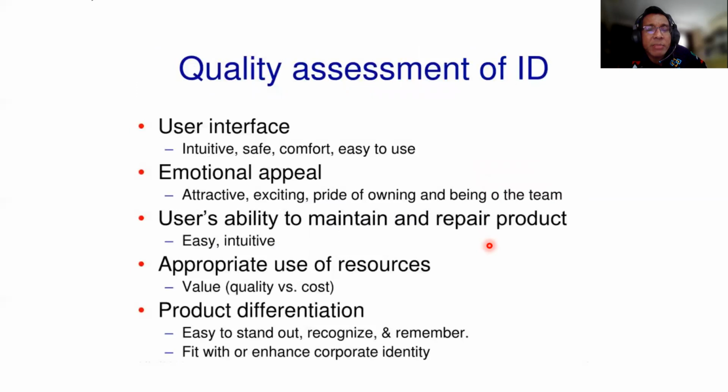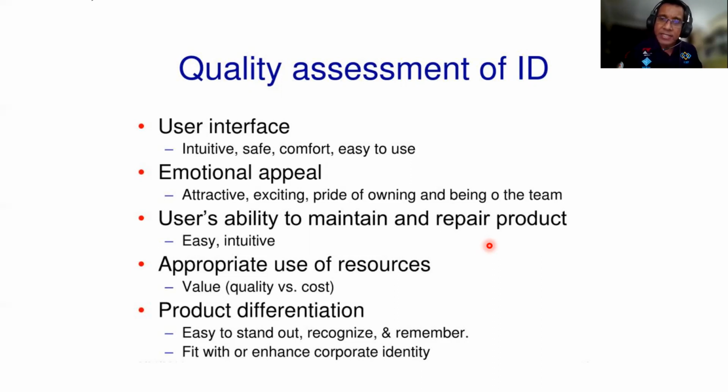And then the quality assessment of the ID. Assessing the quality of the ID for the finished product is a very subjective task. However, we can qualitatively determine whether the ID has accomplished its goal by considering each aspect of the product that is influenced by ID.